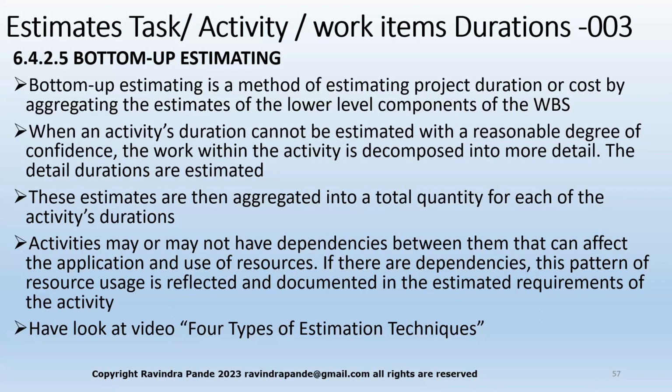If there are dependencies, this pattern of resource usage is reflected and documented in the estimated requirements of the activity. The best part of bottom-up estimating is we are also checking the dependencies and scenario as well. And that's how the sequencing becomes more efficient whenever you use bottom-up estimating.